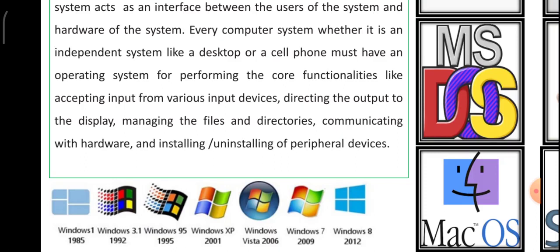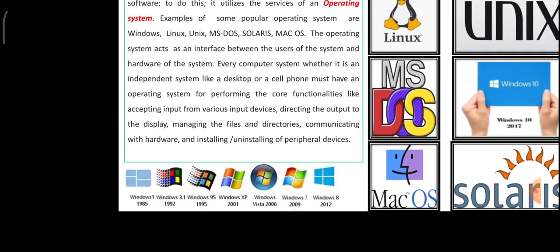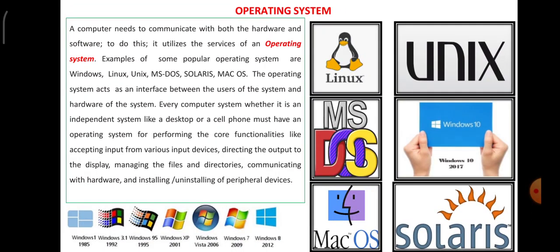Okay, you can take a look at all these things. So basically, a computer needs to communicate with both hardware and software. To do this, it utilizes the services of an operating system. So the logos of different operating systems have been given. It is for your kind perusal. Kindly go through it for a minute.